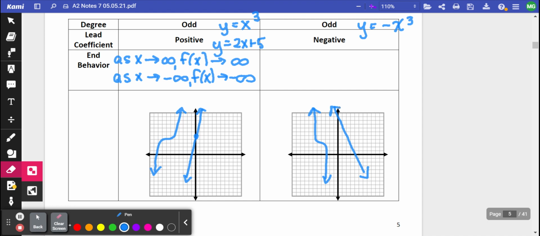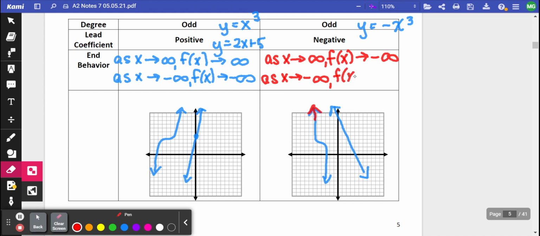And if we look at that, we can see that as x approaches infinity, we're going down, down, down forever and ever. So f of x approaches negative infinity. And as we go to the left on our graph, so as x approaches negative infinity, as the x values get smaller and smaller, what happens to our height? It's going up. So f of x approaches infinity.